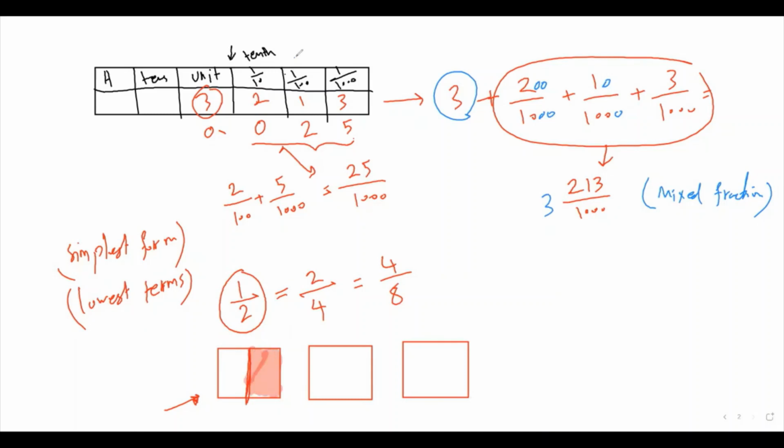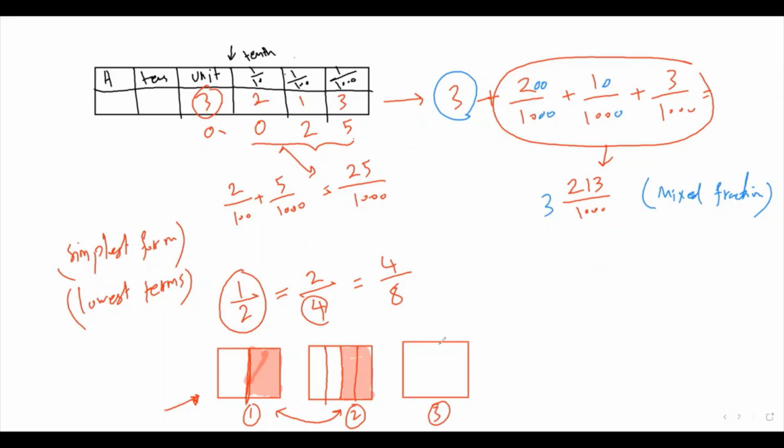For the second one, I need to divide it into 4 equal portions and then shade 2 of them. And I get this, and you can see the region which is shaded is the same in terms of area as the first figure.